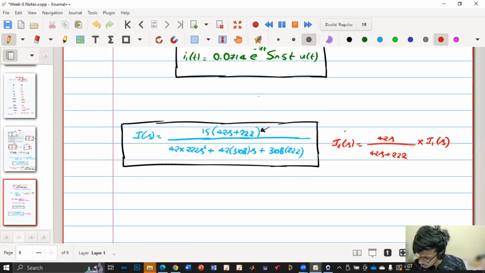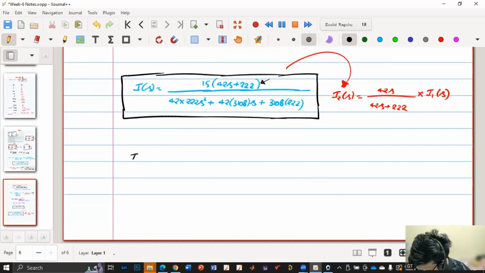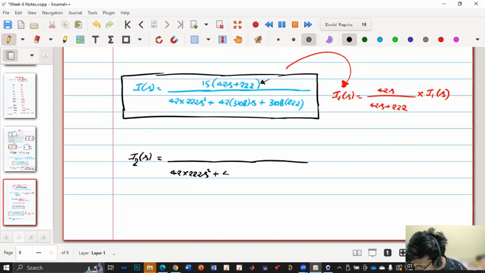Now, if you substitute this in this, so I1 of S needs to be substituted, then we'll be getting something like this. I2 of S equals, the numerator will have 15 into 42S and the denominator will have 42 into 3 double 2 S square plus 42 into 3108 into S plus 3108 into 3 double 2, and in the numerator we have 15 into 42S.